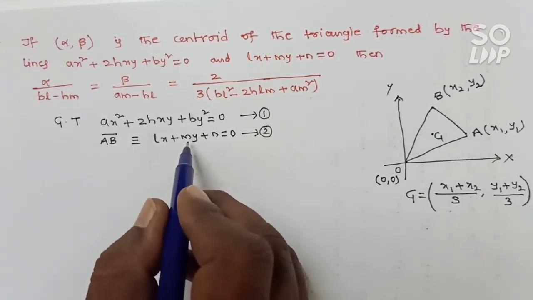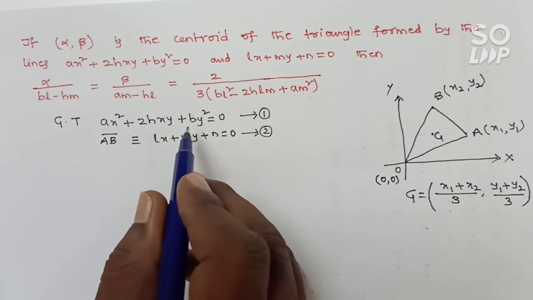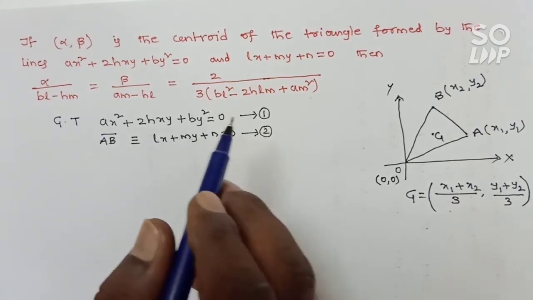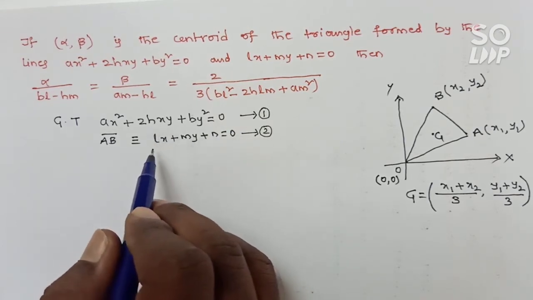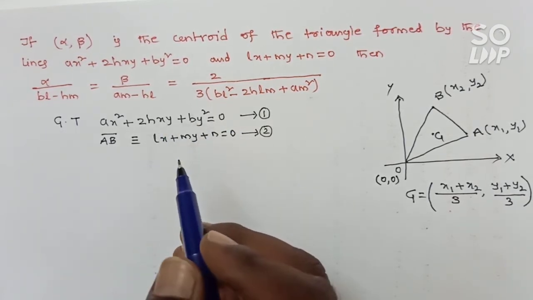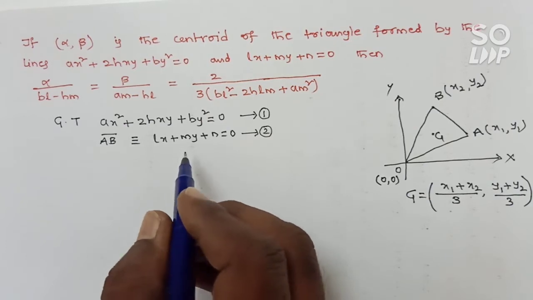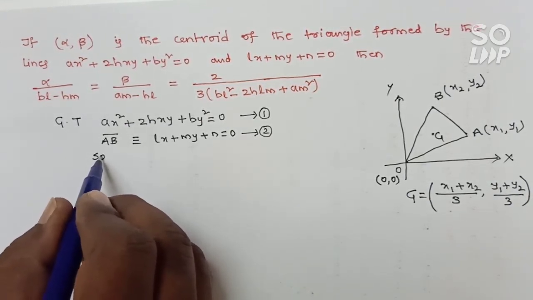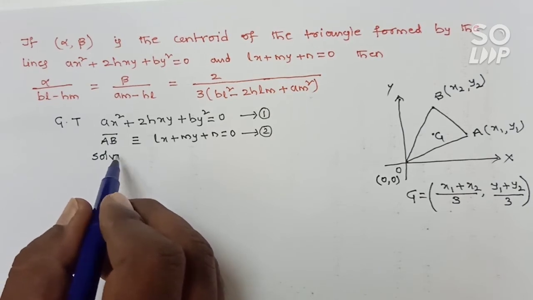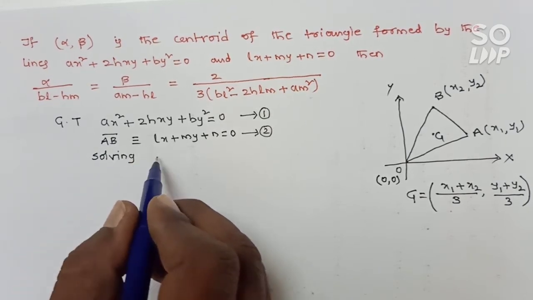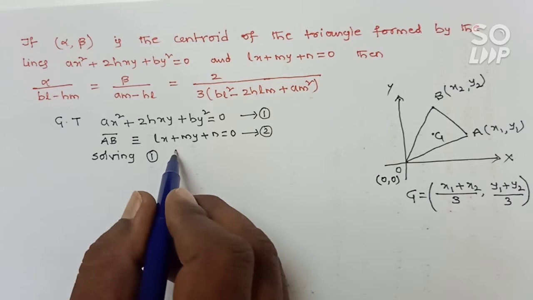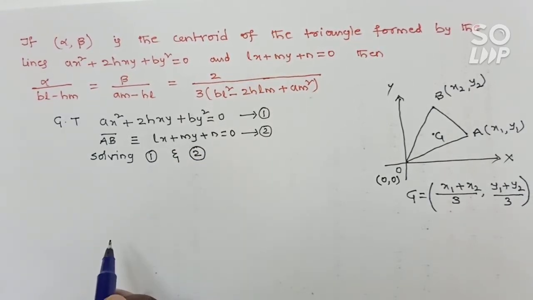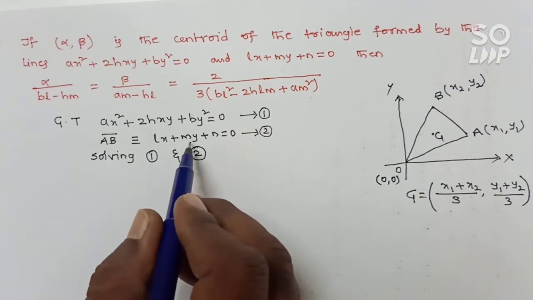So by solving equations 1 and 2, once we eliminate the y variable, we will get an equation in terms of only the x variable. Now you see this, solving 1 and 2, how can we solve this?